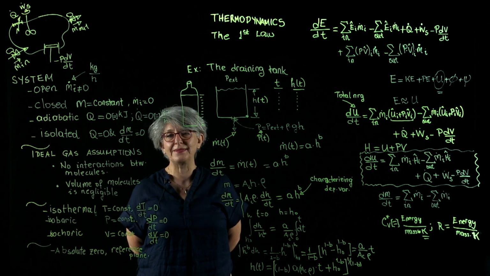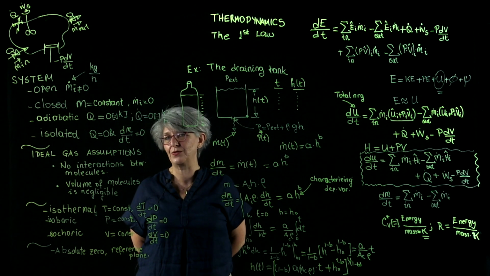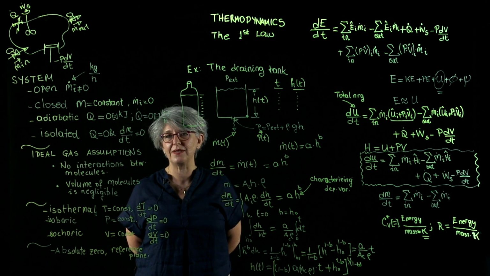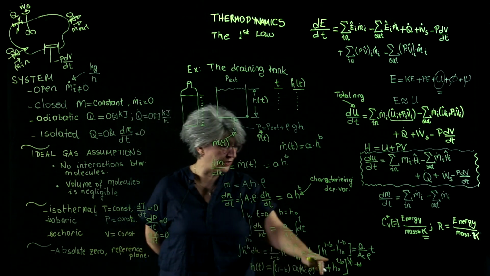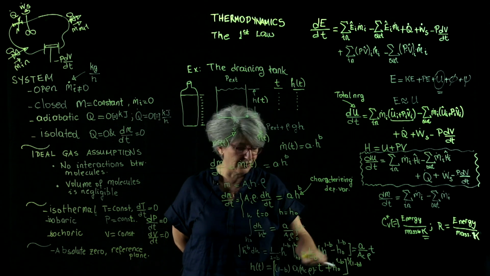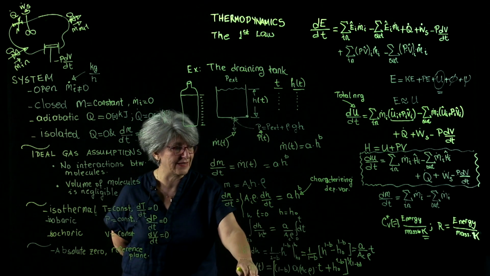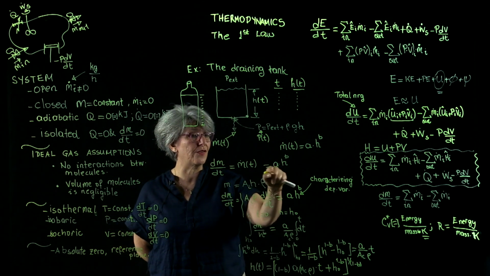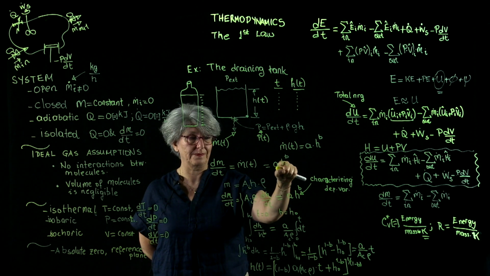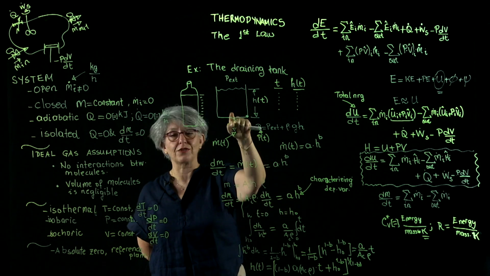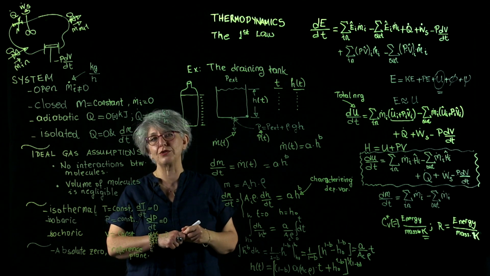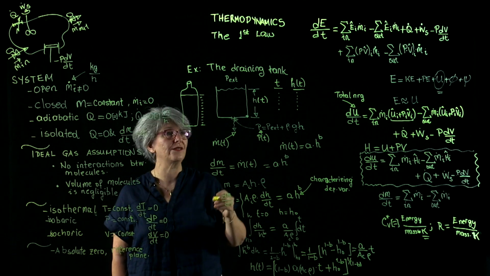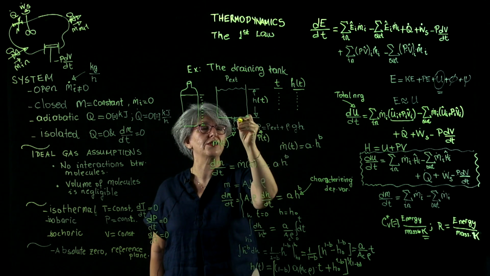So the result will teach you a few things about experimentation, and a few things about how this allows us to relate a mass flow rate to the height. And of course, for those of you who are curious, you can find out about the orifice equation.